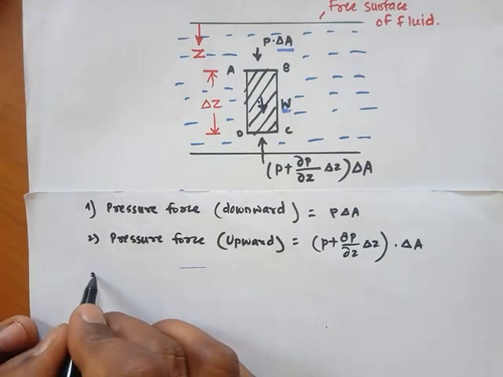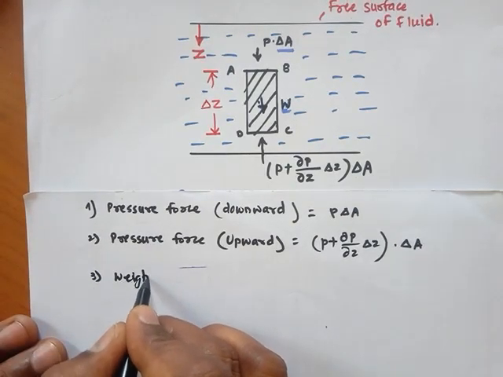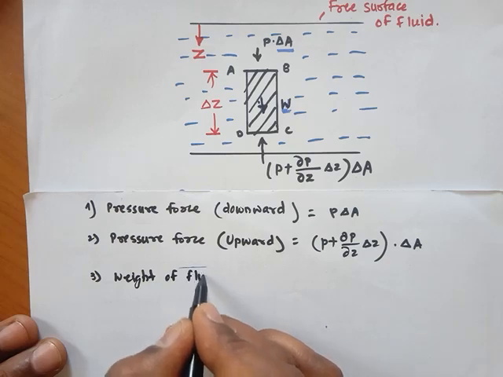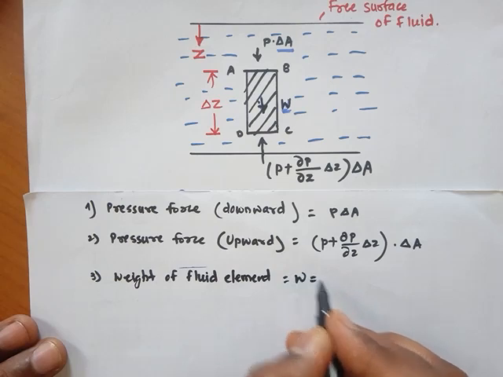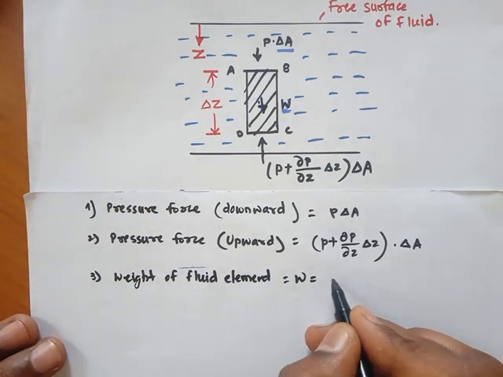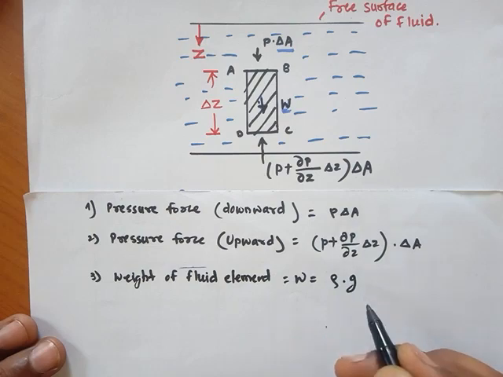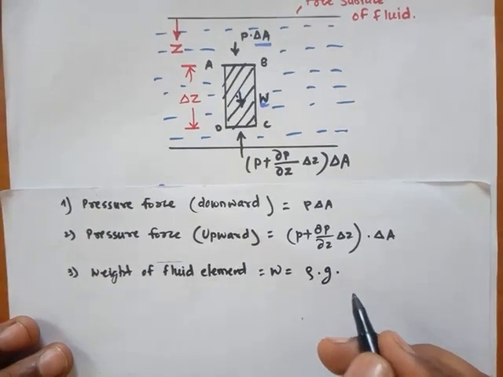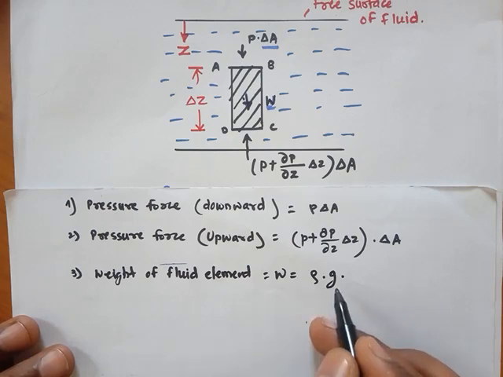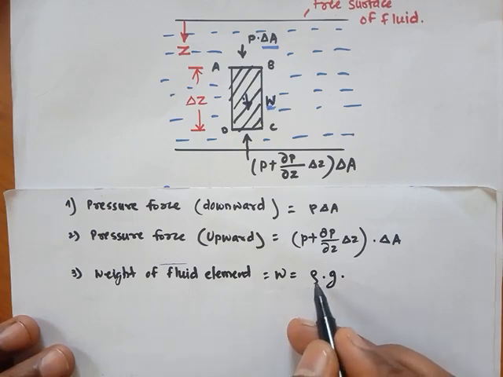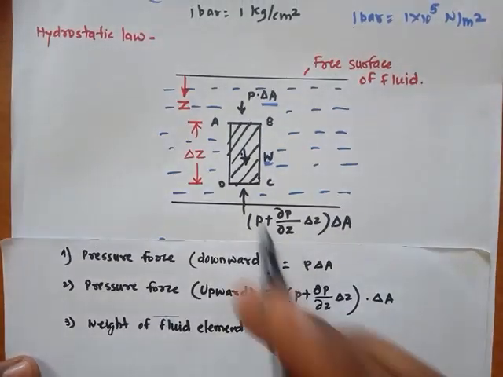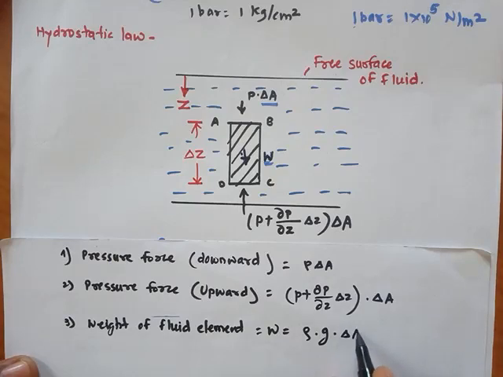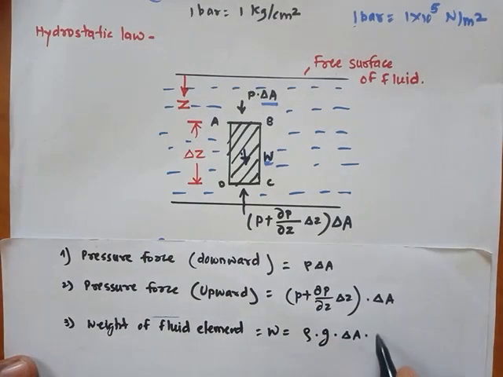The third force is the weight of the fluid element, denoted by W, equal to density multiplied with acceleration due to gravity, or weight density, multiplied with volume. So rho g is the weight density of the fluid, multiplied with volume. Volume is the cross-sectional area A multiplied with the height of the fluid element, delta Z.